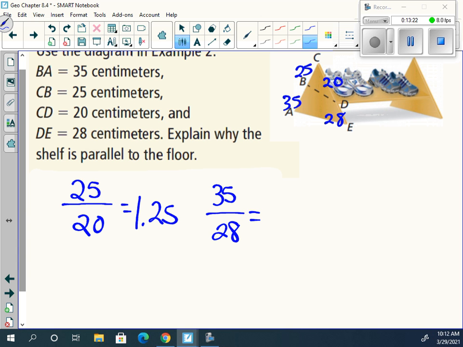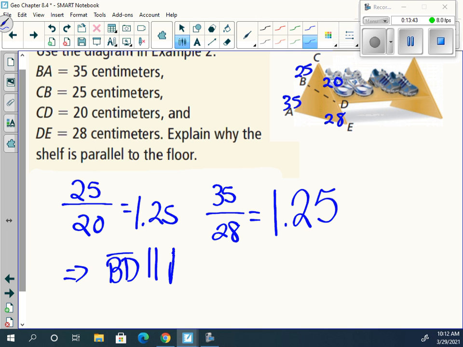And 35 over 28? 5/4 or 1.25. They're both 5/4 or 1.25. So therefore, because these are proportional, therefore, BD is parallel to AE.